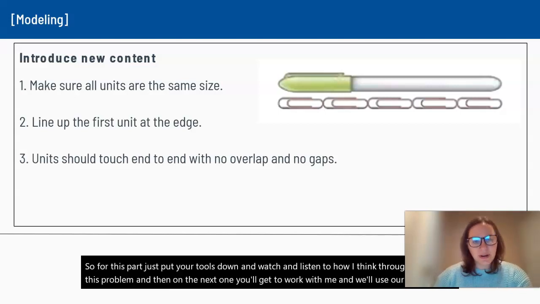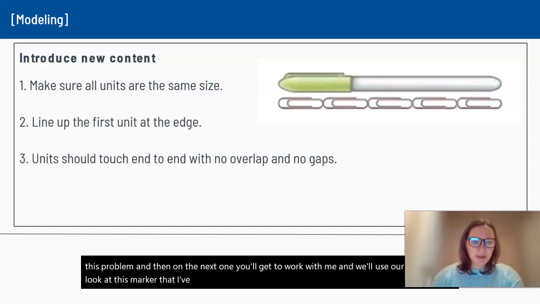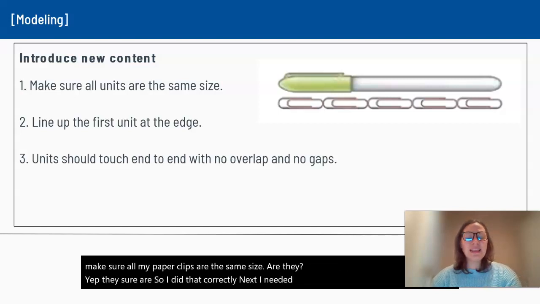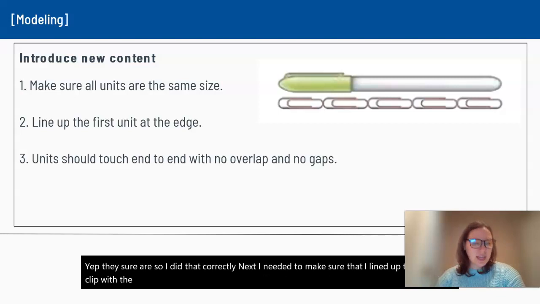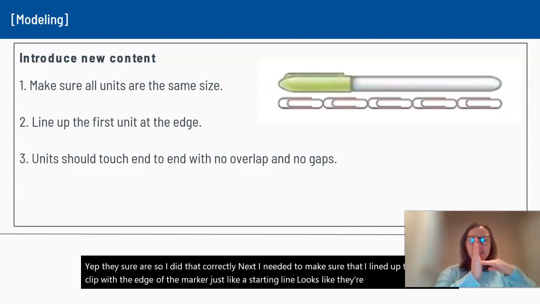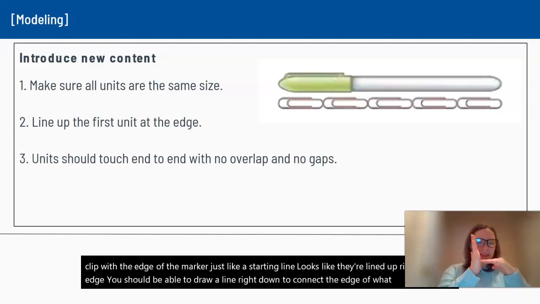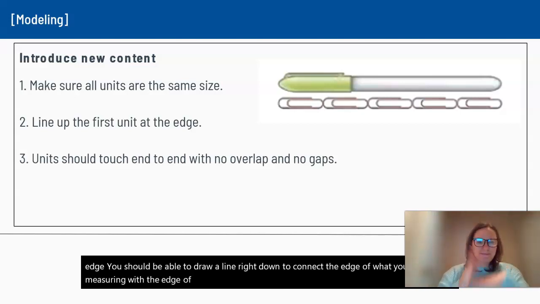So look at this marker that I've measured with my paper clips. The first thing that I need to do is make sure all my paper clips are the same size. Are they? Yep, they sure are, so I did that correctly. Next, I needed to make sure that I lined up the first paper clip with the edge of the marker, just like a starting line. Looks like they're lined up right at the edge. You should be able to draw a line right down to connect the edge of what you're measuring with the edge of your first unit.